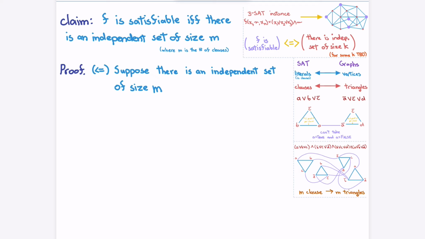Okay, so let's do this also relatively routine thing. Let's say you have an independent set of size M. Let S be the independent set of size M. Now we need to construct a satisfying assignment.